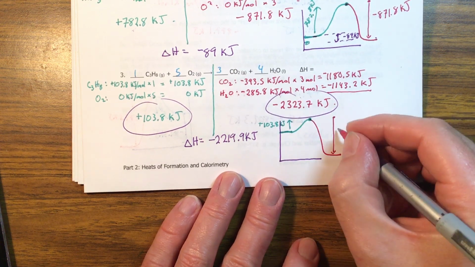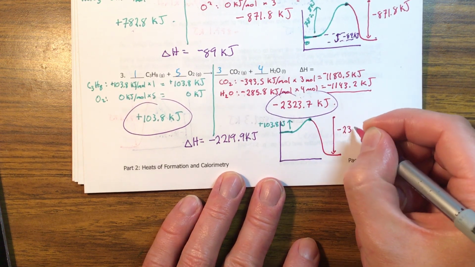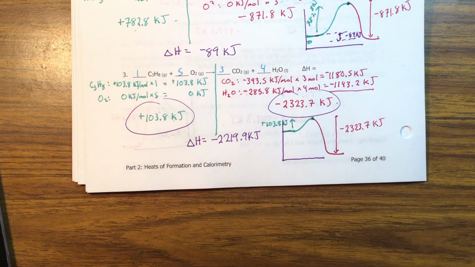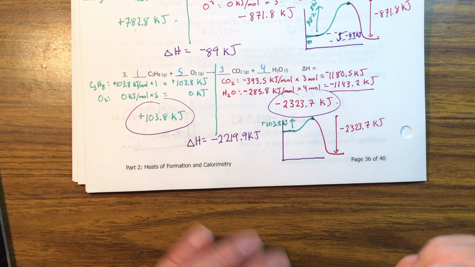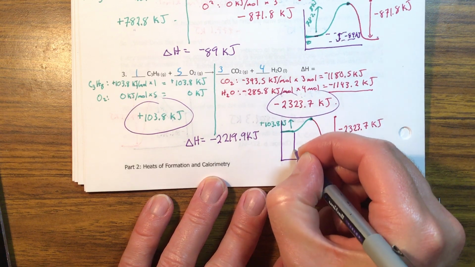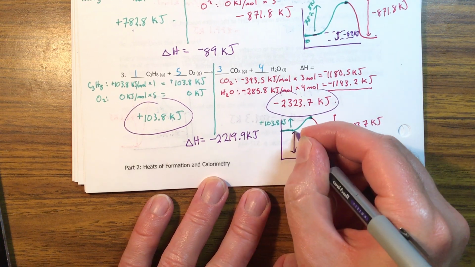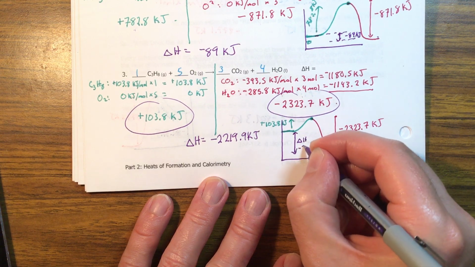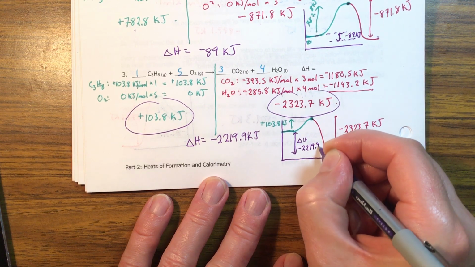So negative 2323.7 kilojoules is gone out of the chemicals and into the environment, because when the chemicals formed to make our products, energy was released. And our delta H, I've been doing that in purple, is from here to here, and we get negative 2219.9 kilojoules.